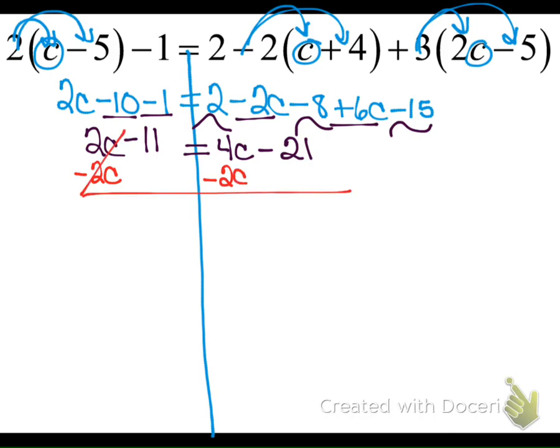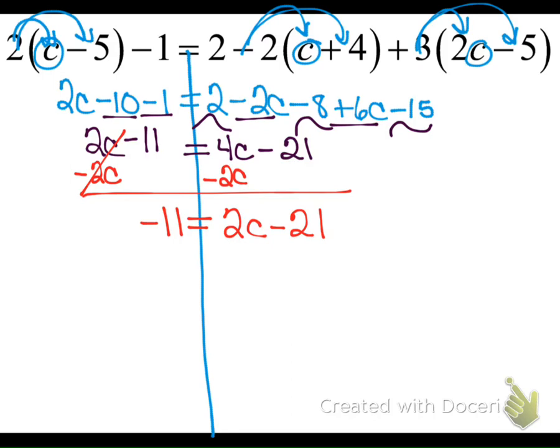So on my left side, I have, and on my right side, no, what's 4 minus 2? 2c. Now what? Solve as usual.